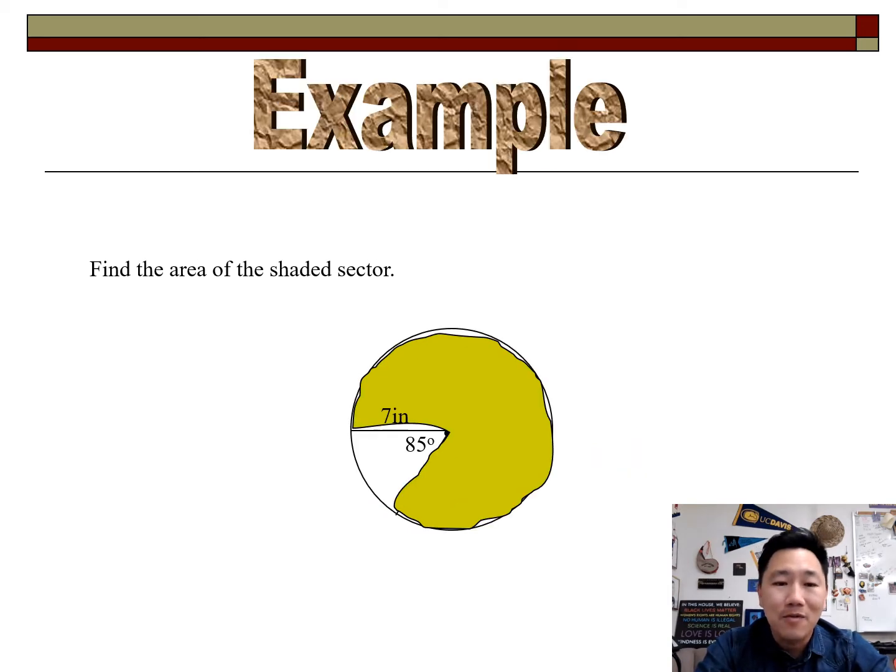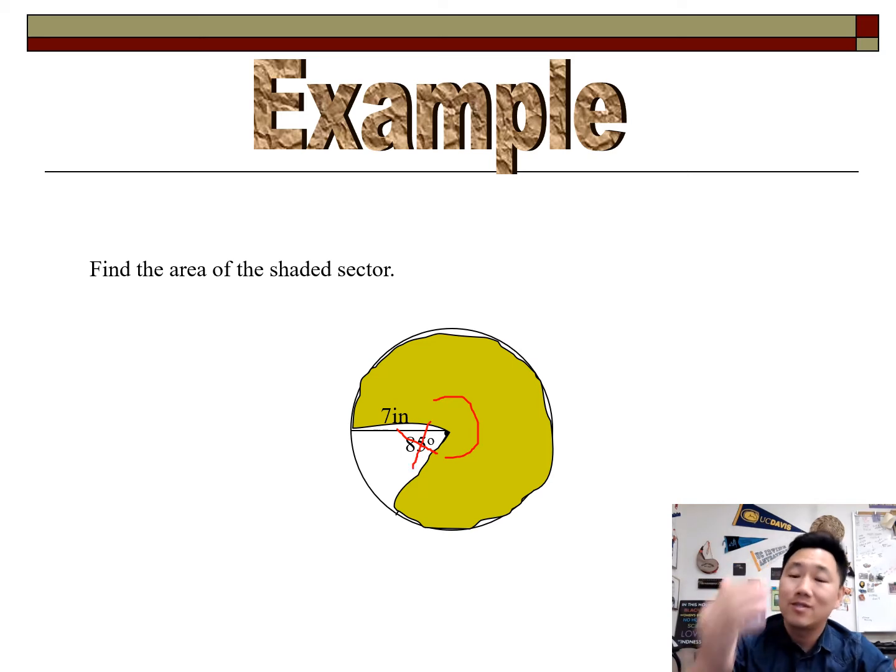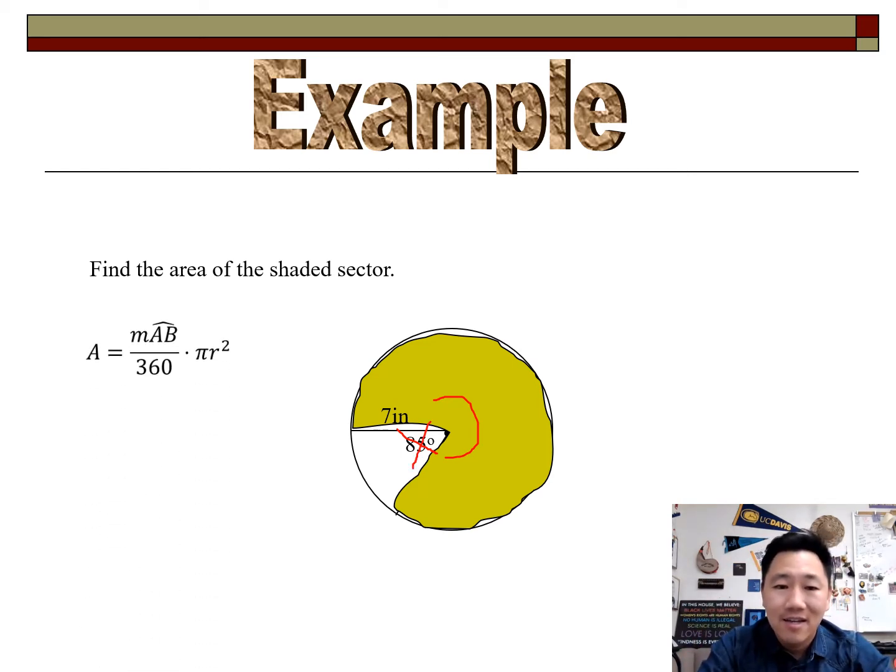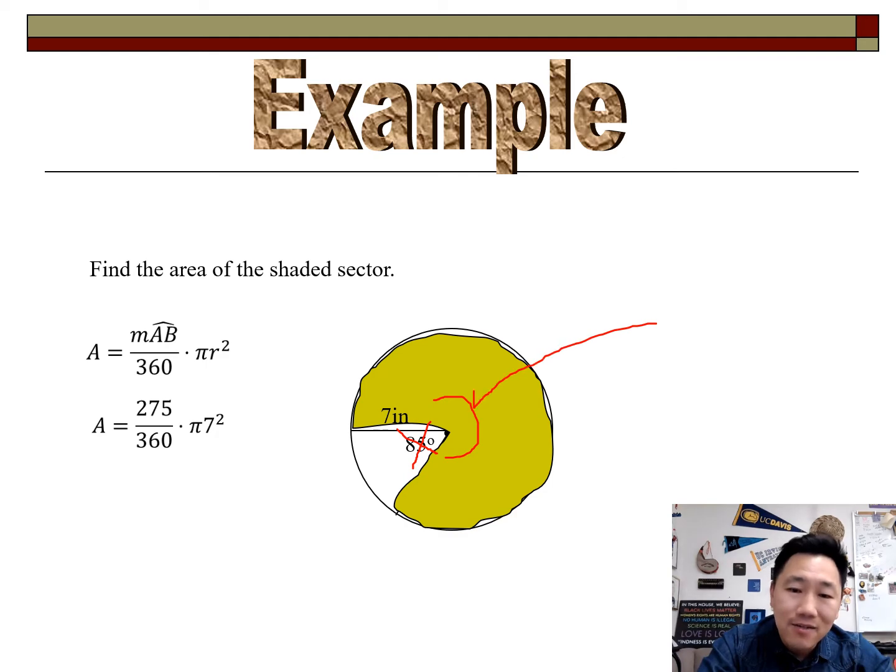Here's another example. Find the area of the shaded sector. Notice this one, the shaded part is the bigger part. So you're not going to use the 85, but instead you're going to use 275. It's the other side of the angle.